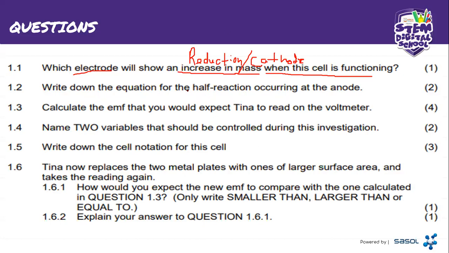Because when a substance undergoes reduction, the ions gain electrons and they form a neutral metal atom. And by that, the mass of the electrode would then increase. So we go, and because we are dealing with a galvanic cell, we then need to check which substance between zinc and lead is undergoing reduction. Then check a different screen. There we go.